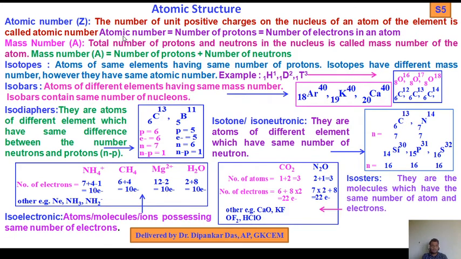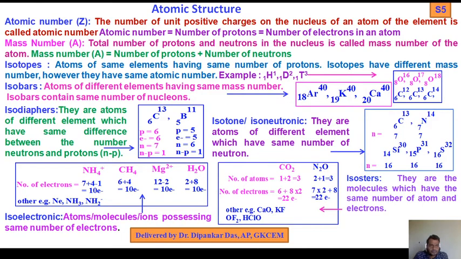So how many positive charges, that is how many protons are present in the nucleus of the atom of the element, is called atomic number. Atomic number equals number of protons equals number of electrons. As you know, in the nucleus there are protons and neutrons, and outside there are electrons. So how many positive charges are present on the nucleus, that is the atomic number.